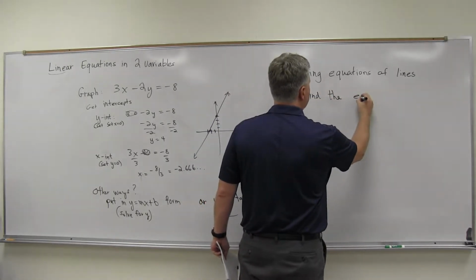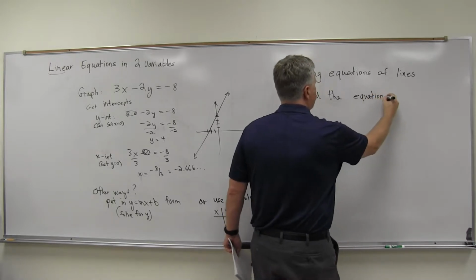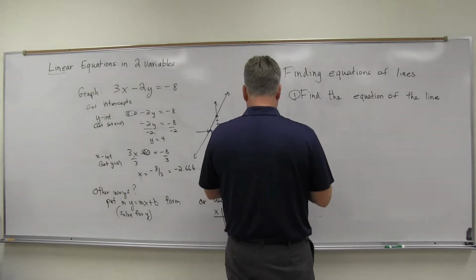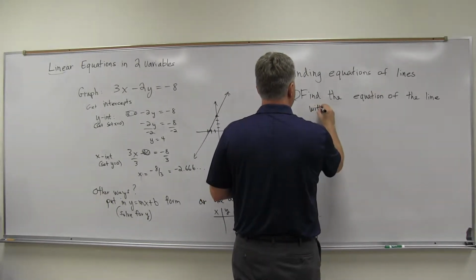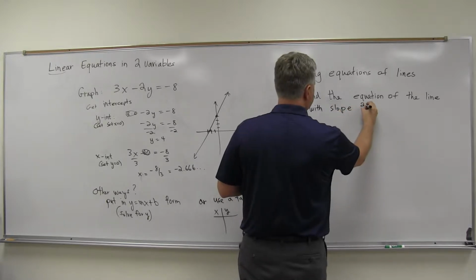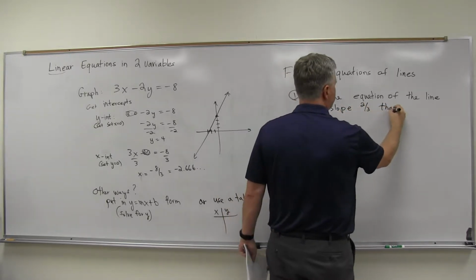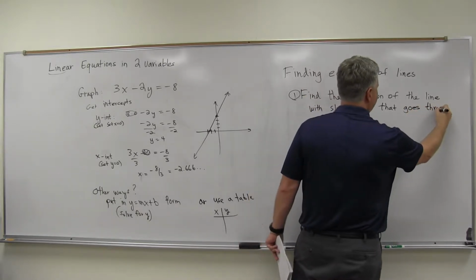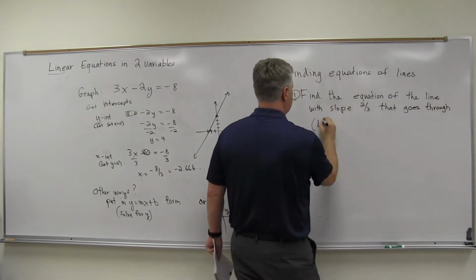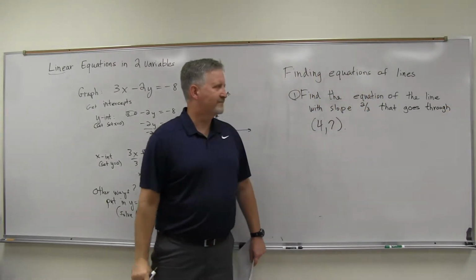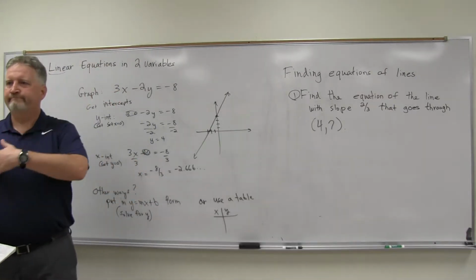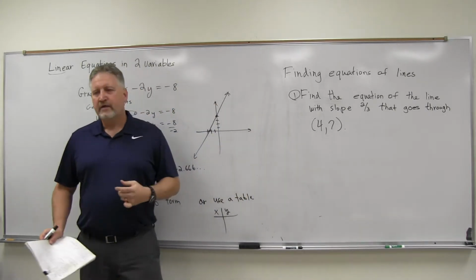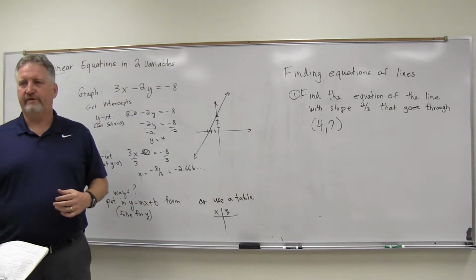Find the equation of the line with slope 2/3 that goes through (4, 7). Essentially, we could graph this just from that information, but we want to find the equation that goes with that.